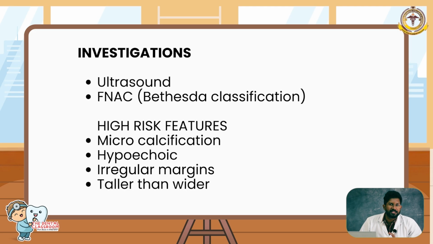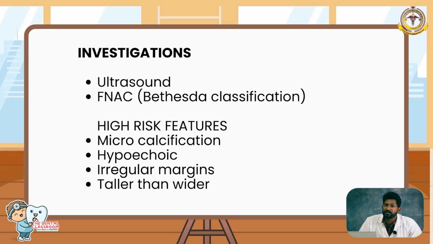Normal tissue can go into benign growth, which can be a benign pathology, and it can also get converted into a more aggressive malignant form. So you have to be suspicious of thyroid malignancies also. FNAC can be done in certain cases.